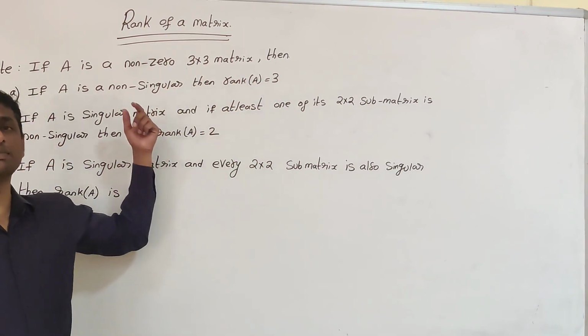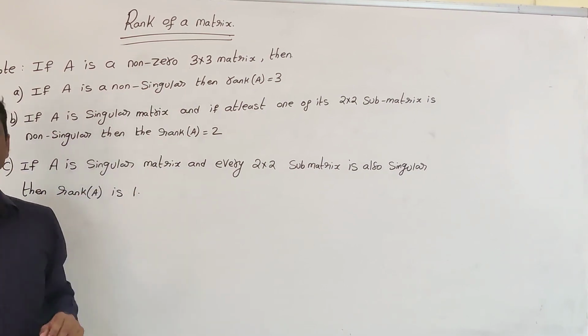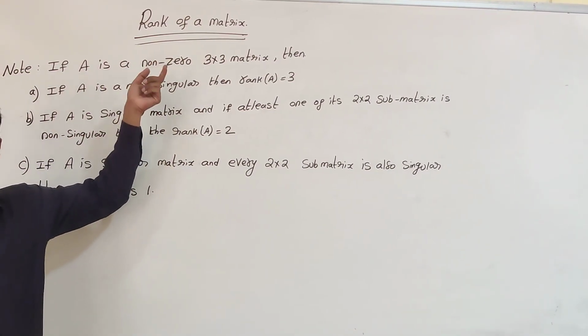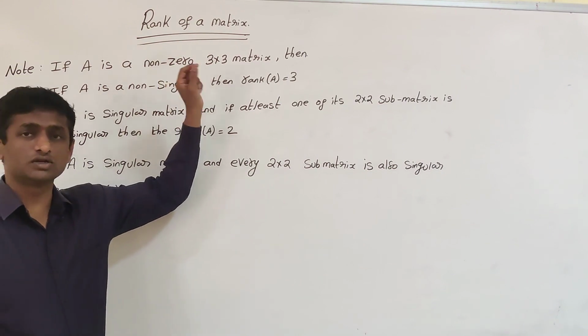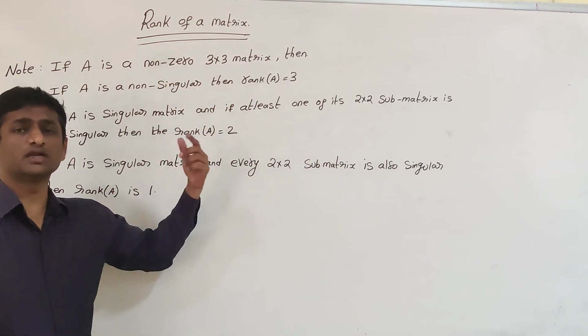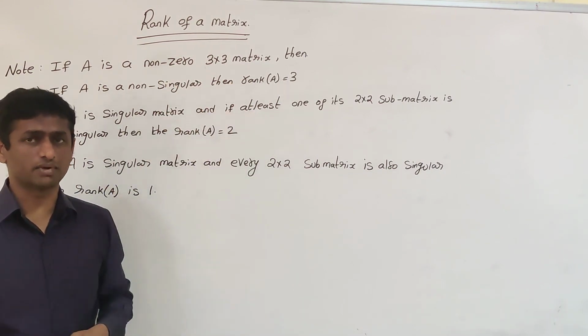If the 3 by 3 matrix is singular, meaning its determinant is 0, then we can go for the 2 by 2 square submatrices.